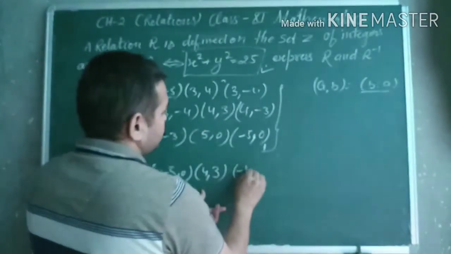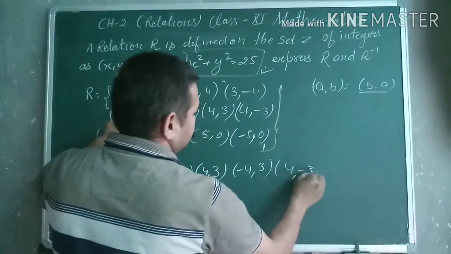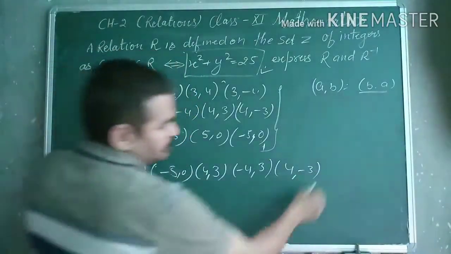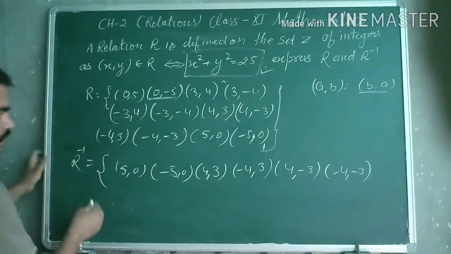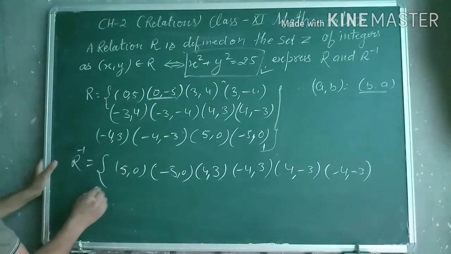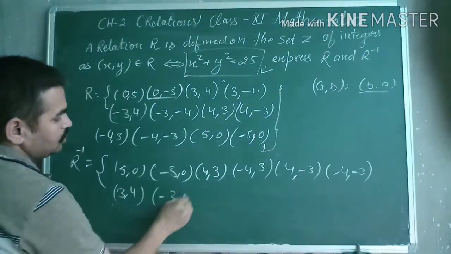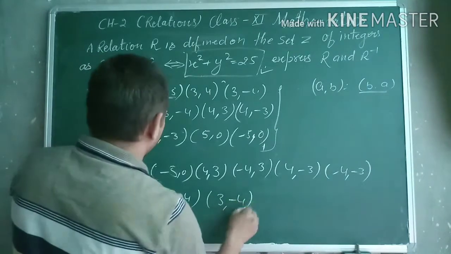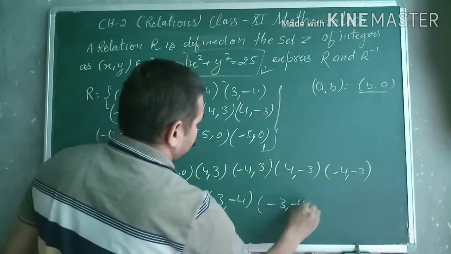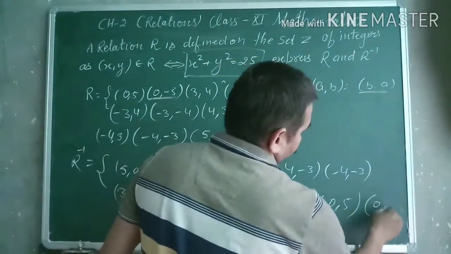Similarly, (-4, 3), (4, -3), (-4, -3), and (3, 4), next (-3, 4), the next (3, -4), next (-3, -4), and (5, 0) and (-5, 0).